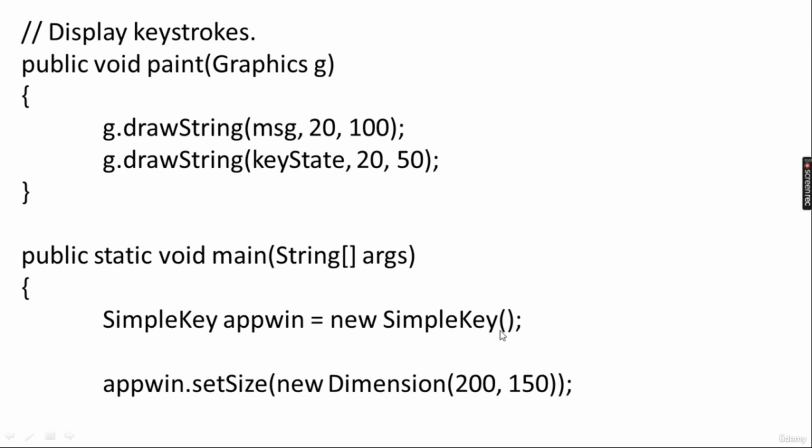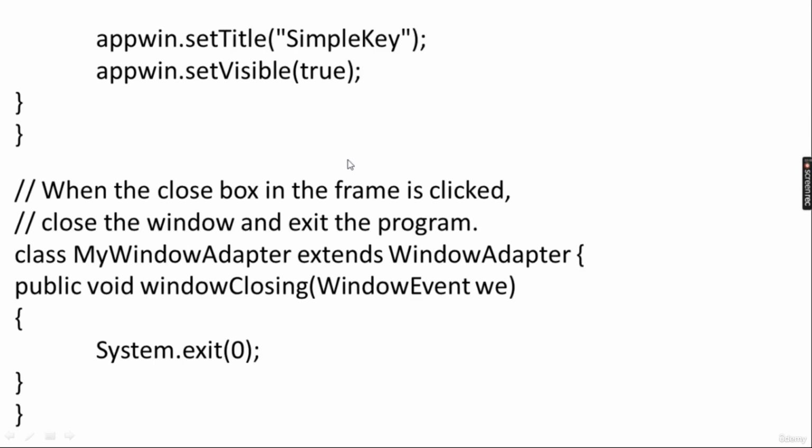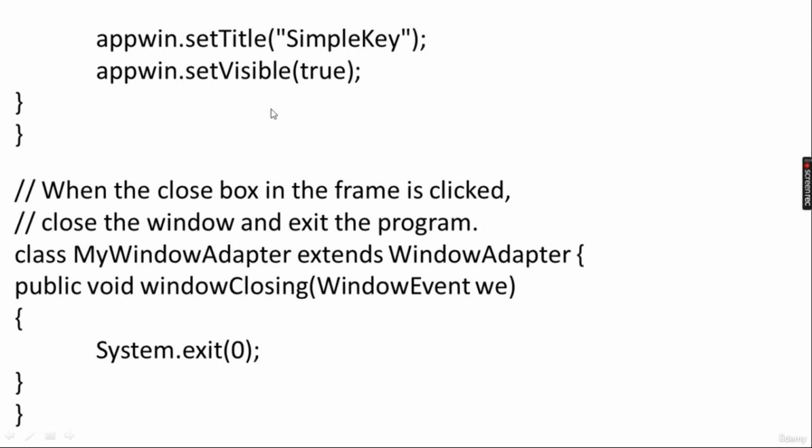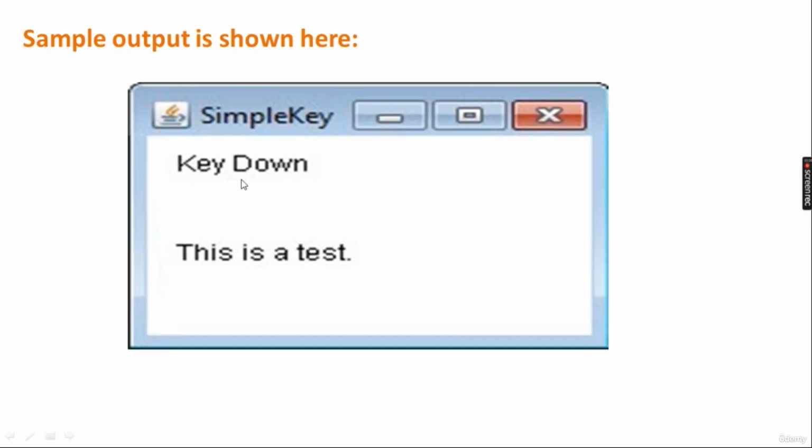Then we are creating an object of class SimpleKey, appwin, new SimpleKey. appwin dot setSize, new Dimension 200 by 150. appwin dot setTitle, simple key. appwin dot setVisible is equal to true. So our dimensions of the outer window are 200, 150. So we are setting visibility. This is the adapter which extends WindowAdapter, and in the overridden method windowClosing we are calling System.exit 0.